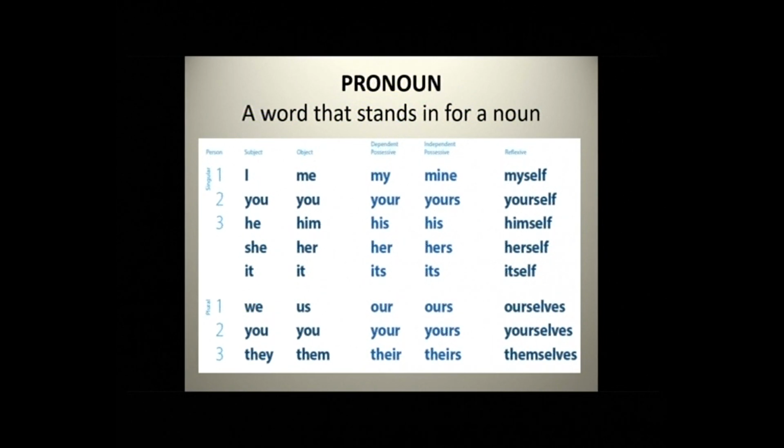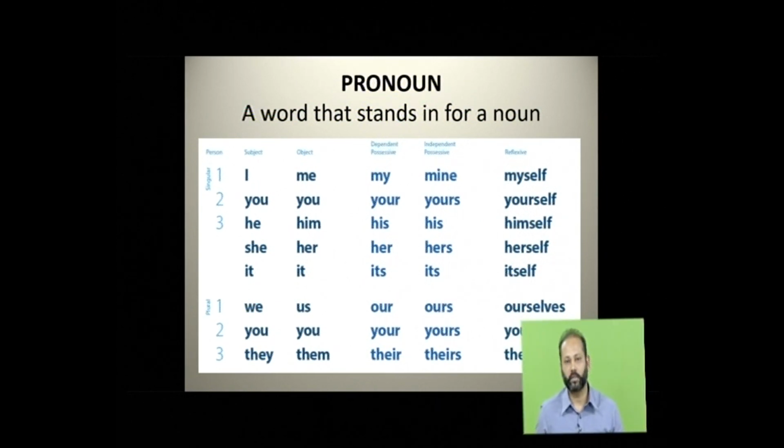First person pronouns, second person and third person pronouns. Like when we talk about the singular first person pronoun, in the very first beginning subject position, we use I. Then when the same word comes in the object, it changes into me. So I, me. Then there is the dependent possessive, my. We can start the sentence with my as well.